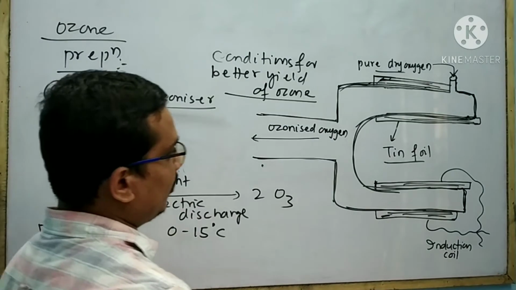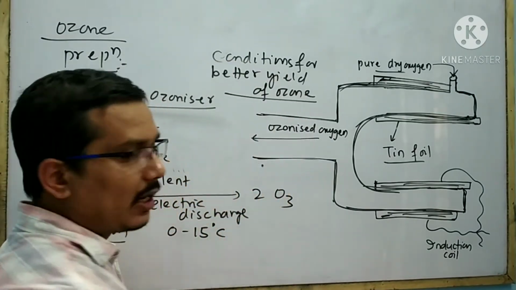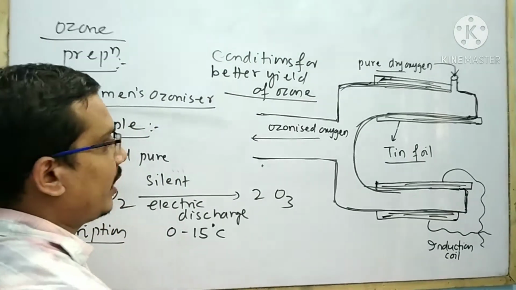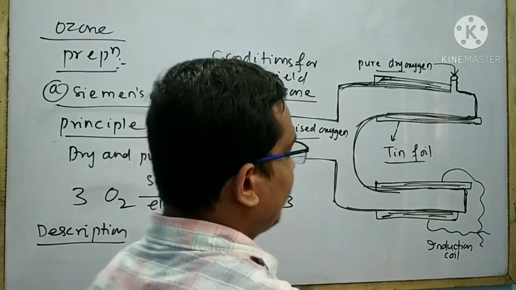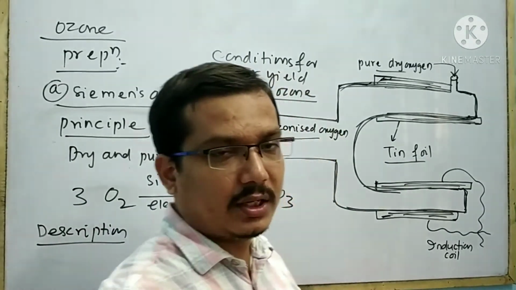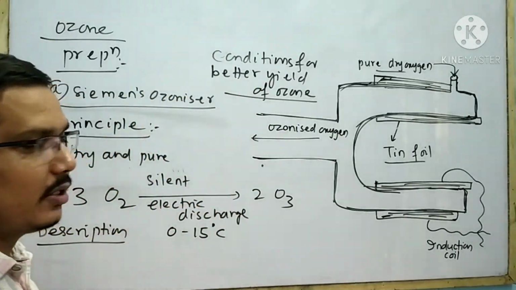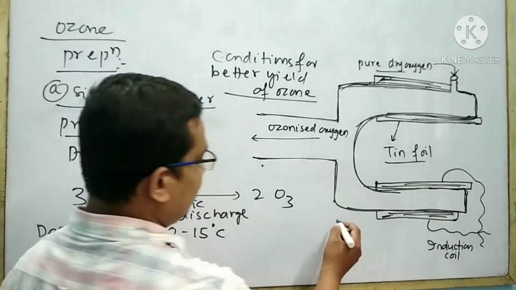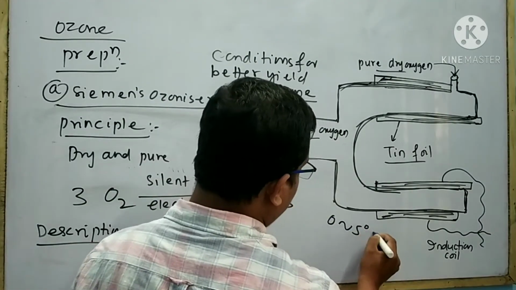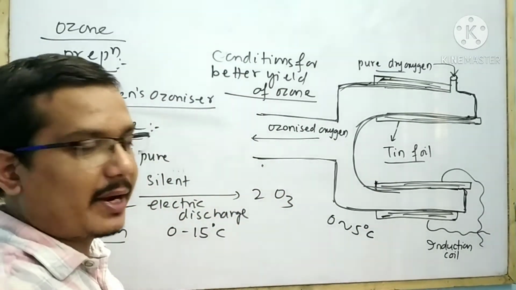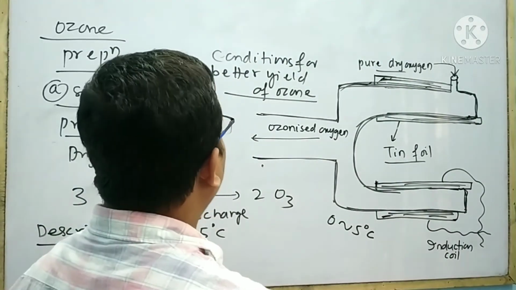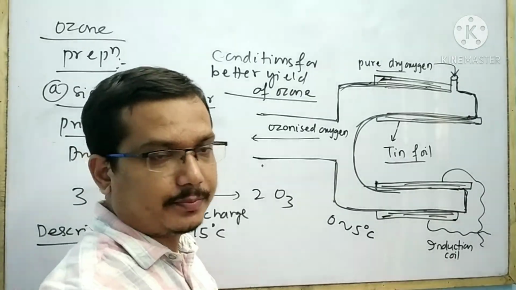Next point is the electrical current should be sparkless. Next point is the ozonizer should be in dry condition. Next point is low temperature, that is 0 to 5 degrees centigrade must be maintained. These are the conditions for better yield of ozone.